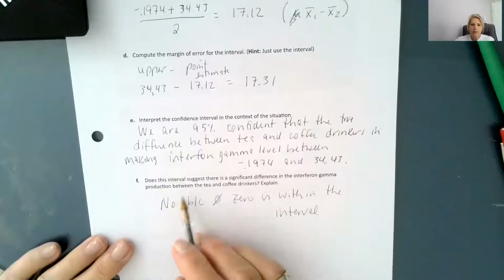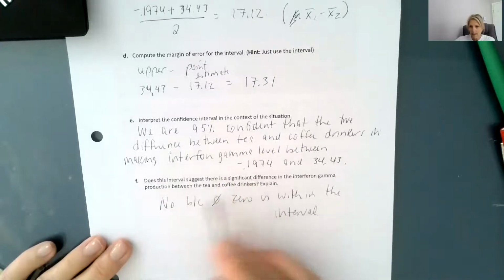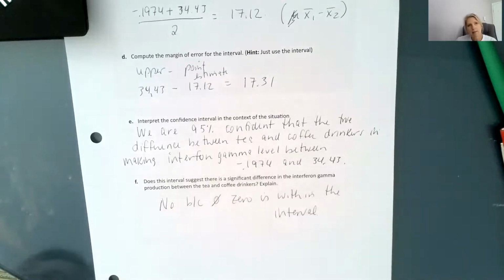So if it says, does the interval suggest there is a difference? You can say yes or no. If it says, does this support or conflict, then you need to tell me if it agrees or doesn't agree specifically.